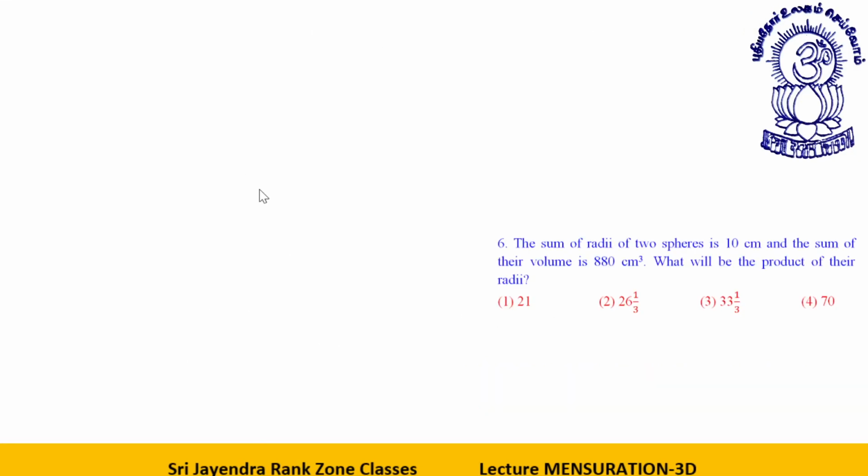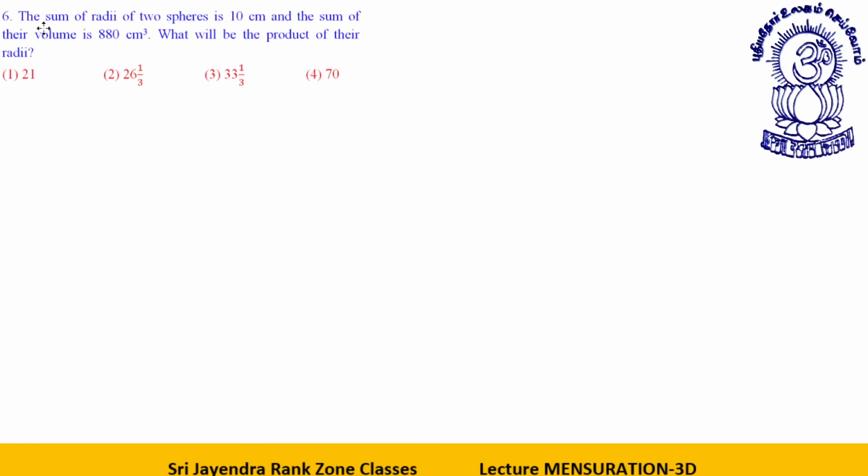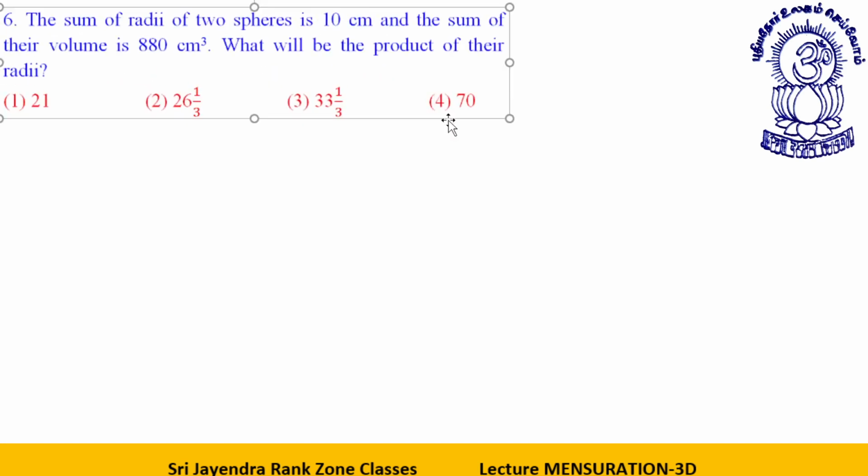The next question we have is, the sum of the radii of two spheres is 10 centimeter. We have r1 plus r2 as 10 centimeters.